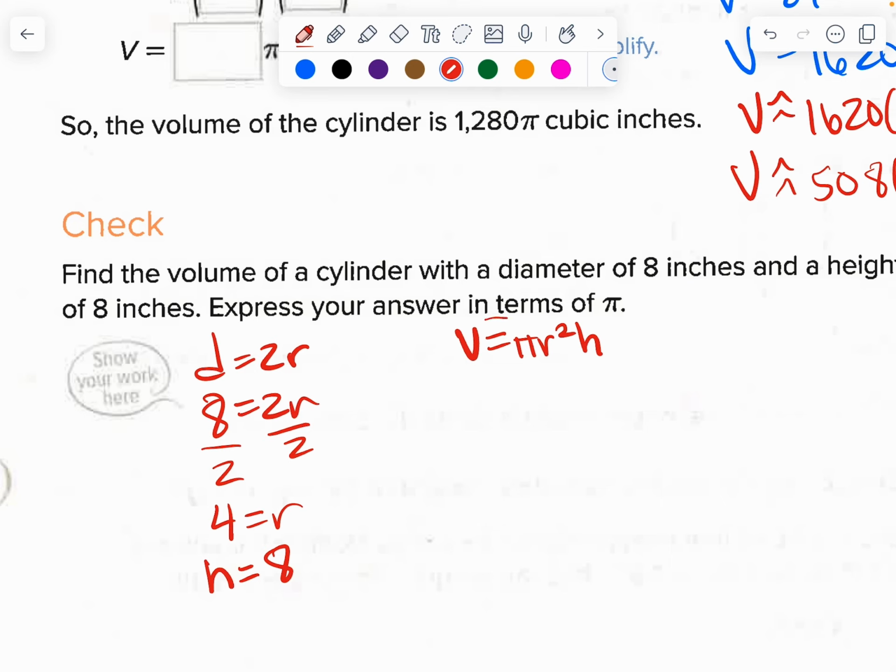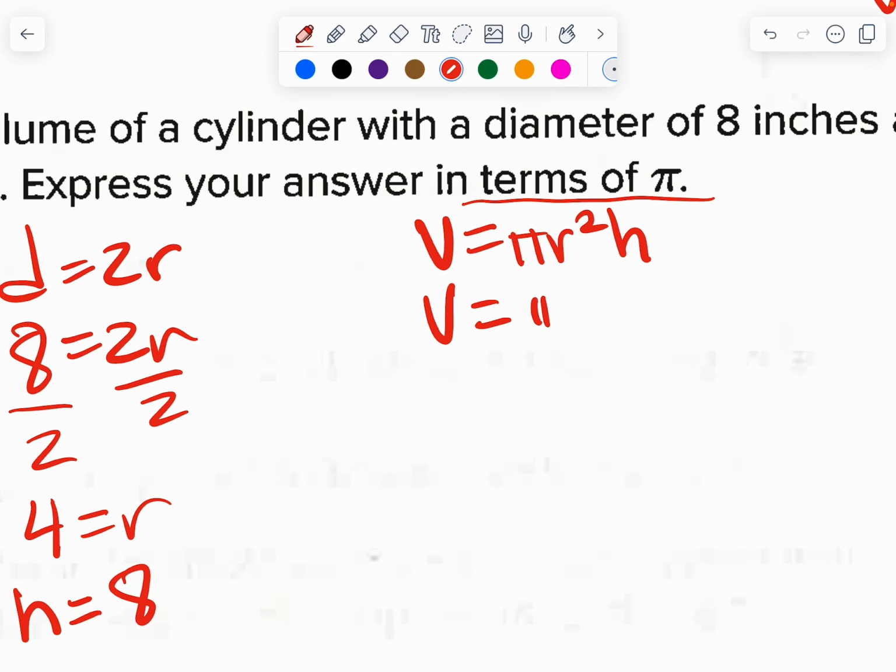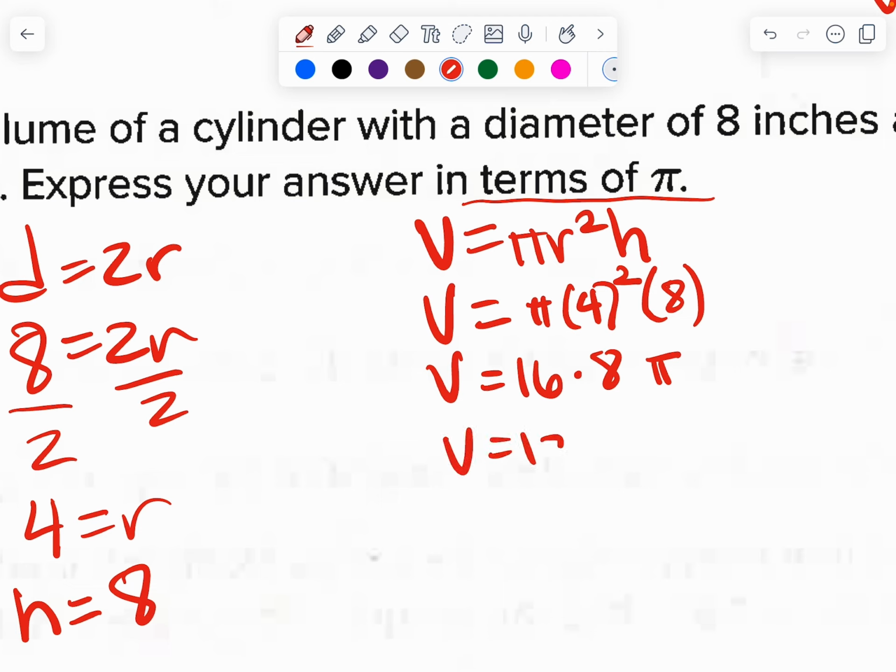This one I just noticed says in terms of pi. So we don't need to do the approximation for this one. So that's 4 squared times 8. So that gives me 16 times 8 pi. And I get 128 pi inches. Oops, that was weird. Come on.